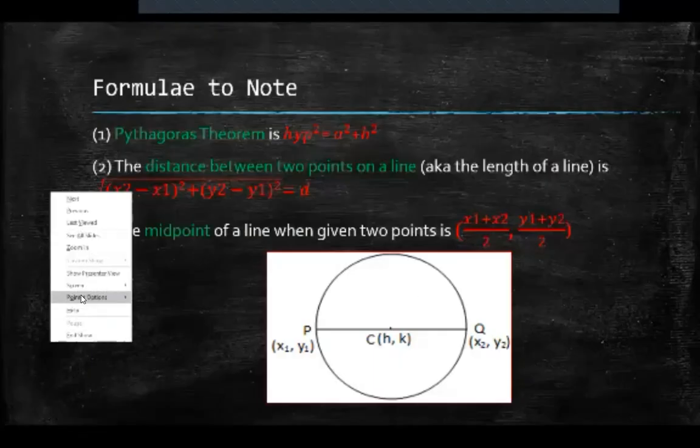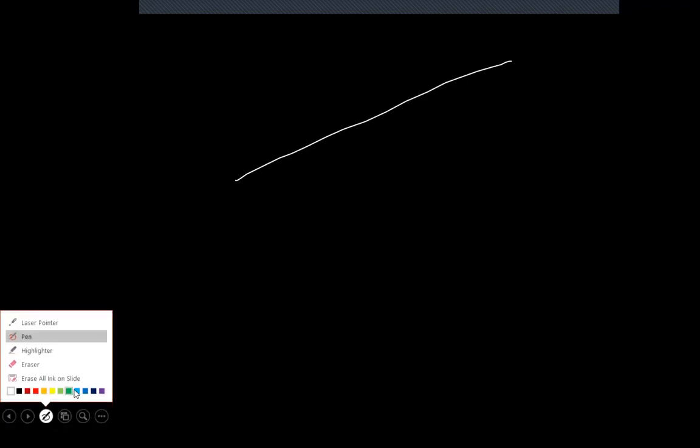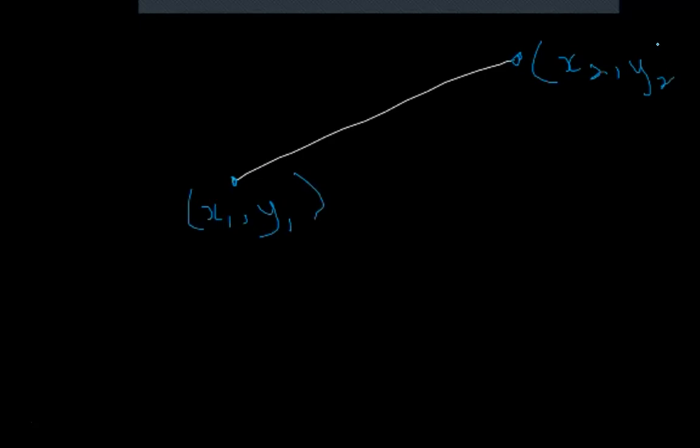And midpoints, that's the last thing we need to know. Say I have the same line, and they give me 2 endpoints. This is still x1, y1, and this point is still x2, y2.